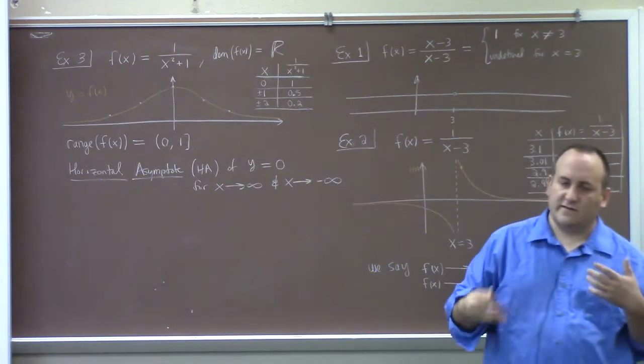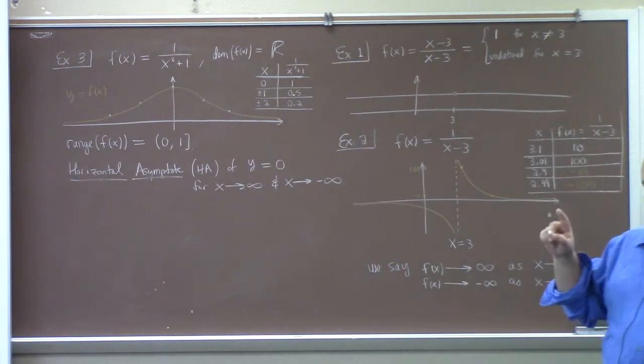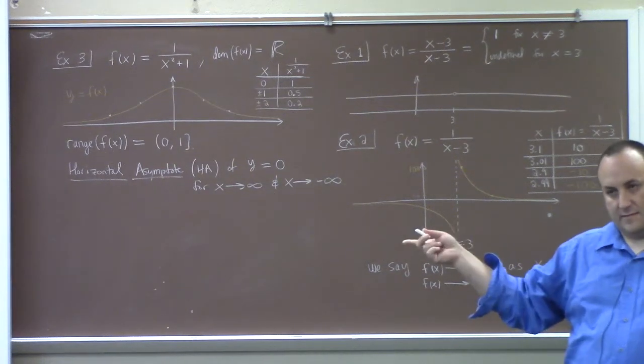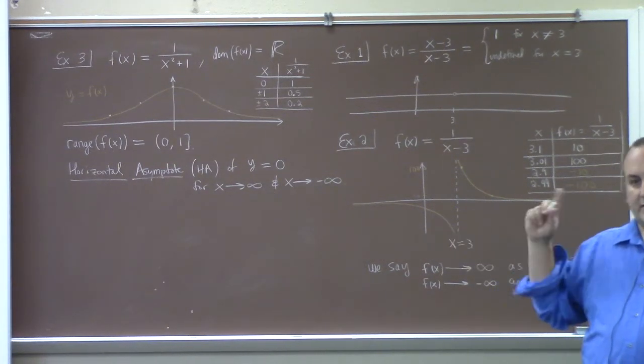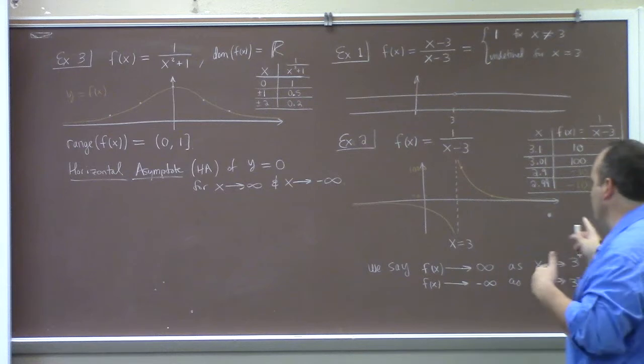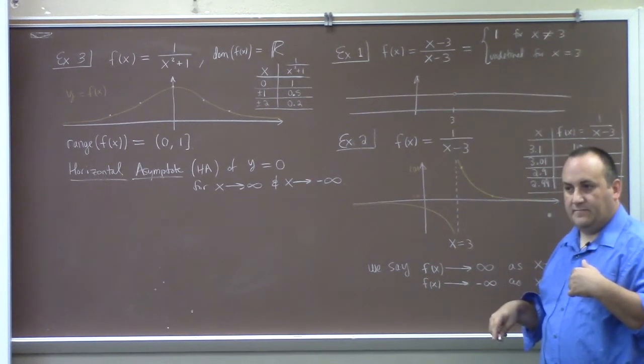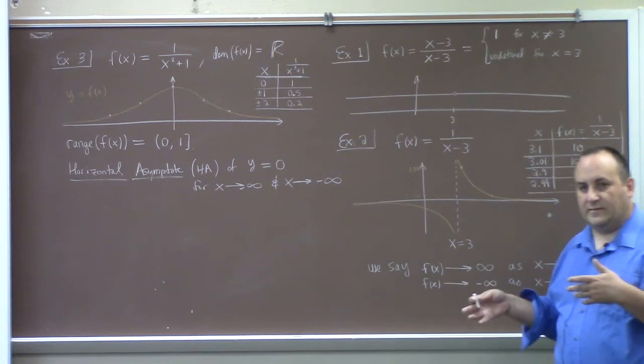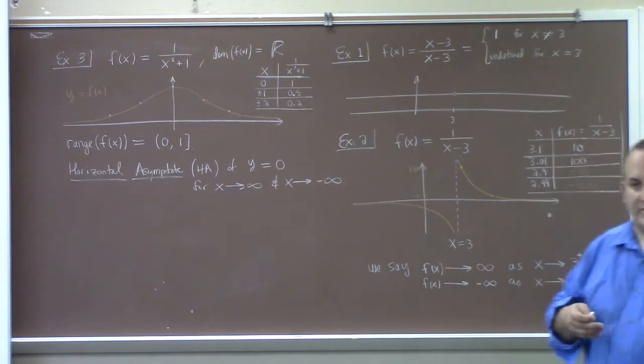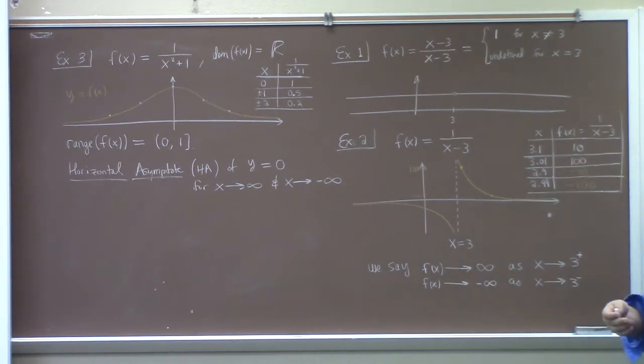See the difference? Horizontal asymptotes concern the x values going to either plus or minus infinity, whereas the vertical asymptotes concern the y values going to plus or minus infinity, right? Very similar idea, but one has to do with the domain, the other one has more to do with the range for a given function.